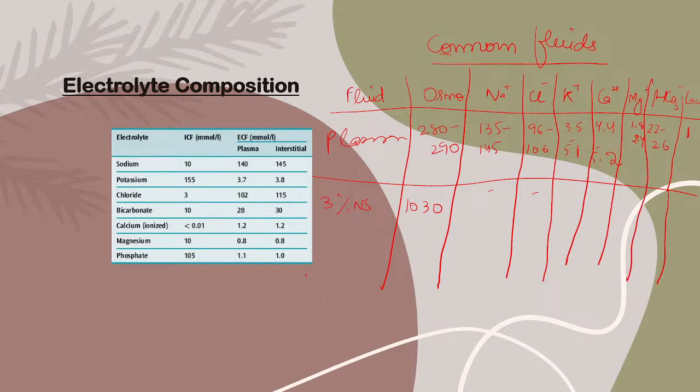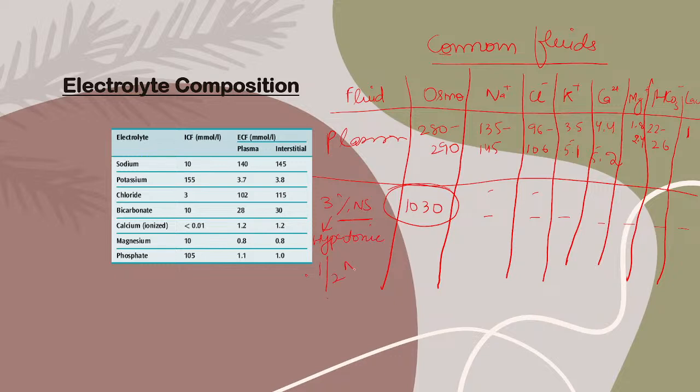There is a high concentration of sodium, but the exact concentration is not clearly mentioned in the literature, so we just need to remember the osmolality of this 3% NS. This is an example of a hypertonic solution.